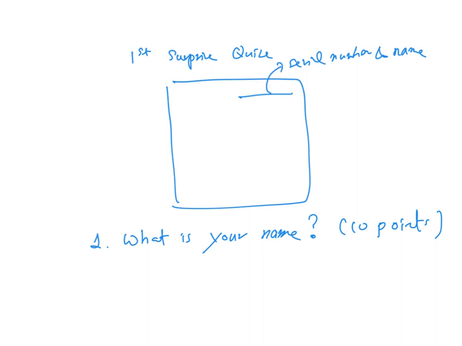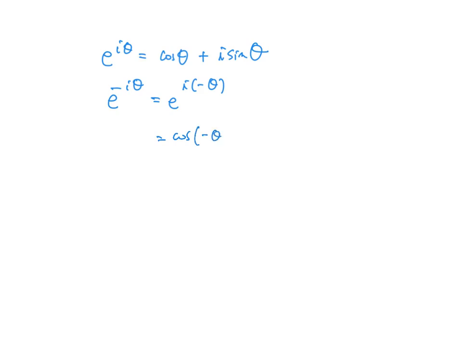So where were we? Euler's formula gives a very interesting result. What if we replace theta with minus theta? Then exponential of minus I theta is cosine minus theta plus I sine minus theta.